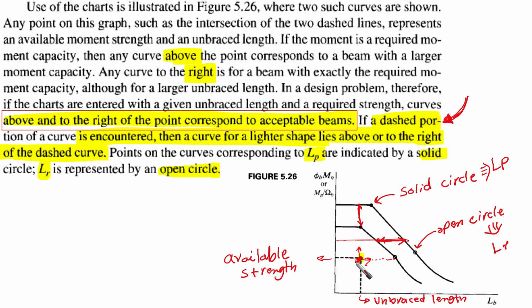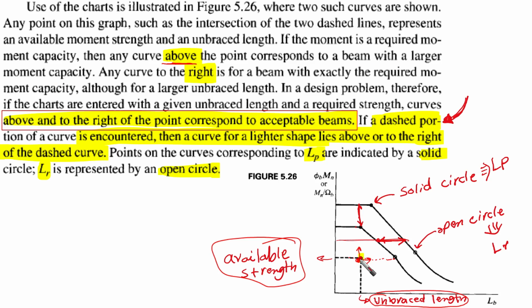Let's read this, and I'm going to give some elaboration about specific points here. Where two such curves are shown, in these charts we have two curves here. Any point on this graph, such as the intersection here of the two dashed lines, represents an available moment strength and unbraced length. If it is a required moment capacity, then any curve above the point corresponds to a beam with a larger moment capacity.